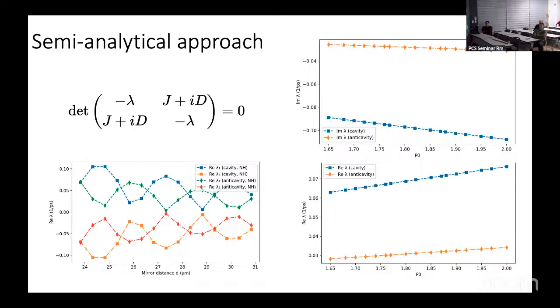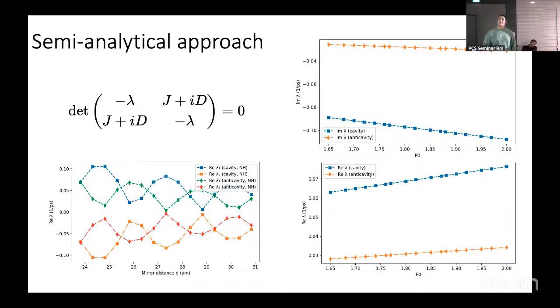We observed that for a huge spread of pumping powers near threshold, both Josephson and dissipative couplings were stronger for cavities than for anti-cavity. Also, to validate these calculations, we computed the spatial dependence of these eigenvalues to see something like a Bessel function, because it was also predicted by Oleg in his two Gaussian pumps theory.